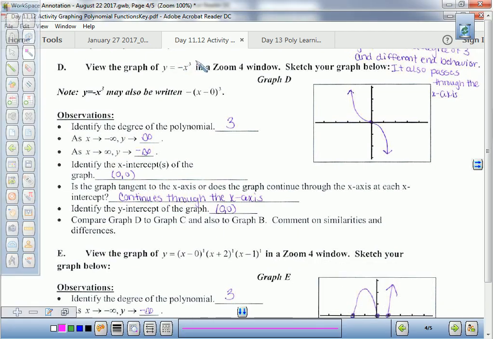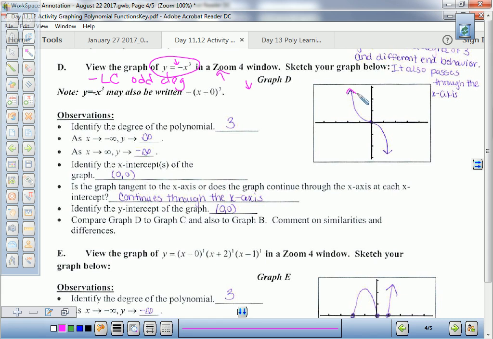All right, so this one's just like the last one, except there's a negative out in front. So the function has an odd degree. It's an odd degree function, so the ends do opposites. But this time, because we have a negative leading coefficient, it's going to rise to the left and fall to the right.